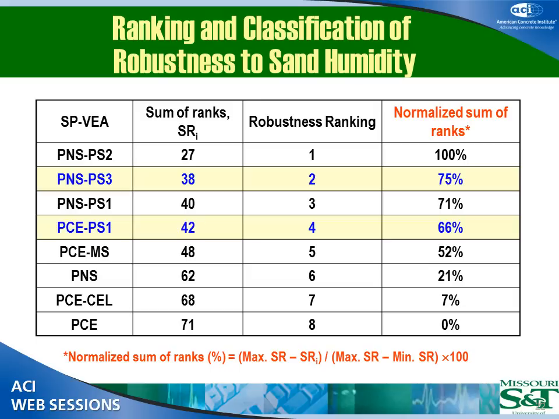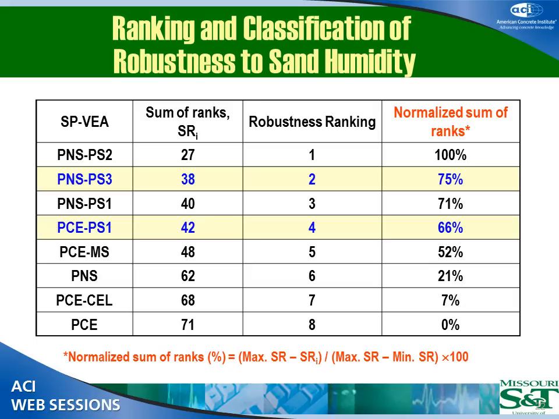PS2, remember, is diatom gum that has a coarser grind of 75. Followed by the PNS with whaling gum that is coarser. Followed by PNS with the diatom gum that is finer. And down the list.